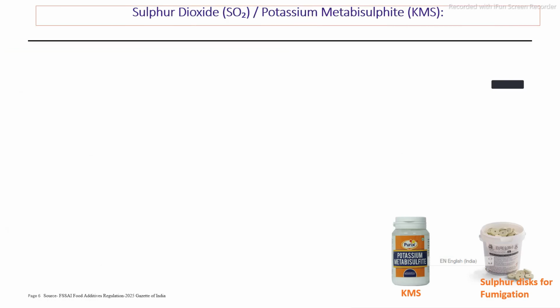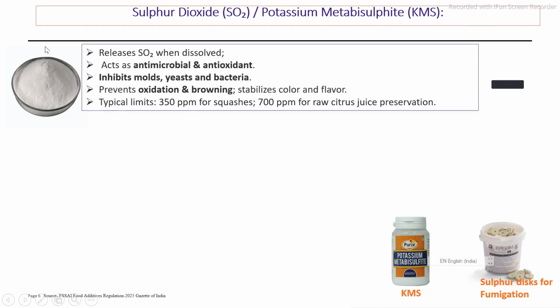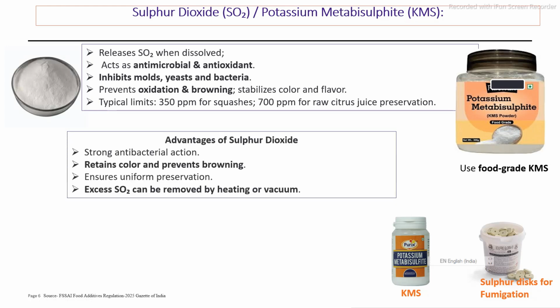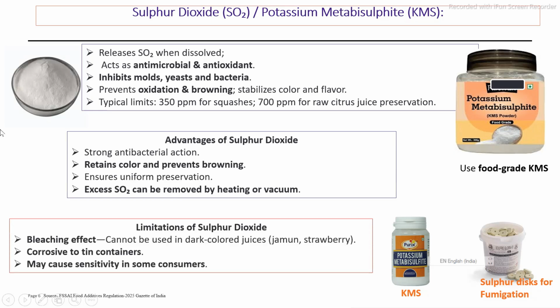The second preservative is sulfur dioxide or potassium metabisulfite. Sulfur dioxide is in gas form, and potassium metabisulfite is available in the market in powder form, as small crystals. It is very effective and very useful for fruits and vegetable processing. The main disadvantage is the bleaching effect.